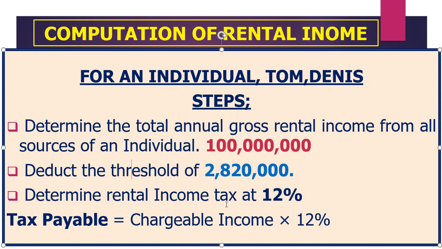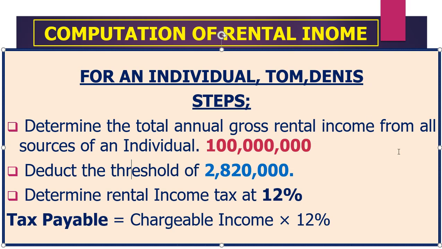What you need to have in your mind is first to get the gross rental income for the year. You subtract the threshold. They assume that maybe for you to get this 100 million, you incurred some expenses. Maybe you incurred management fee, maybe administration, maybe bills, maybe security expenses.